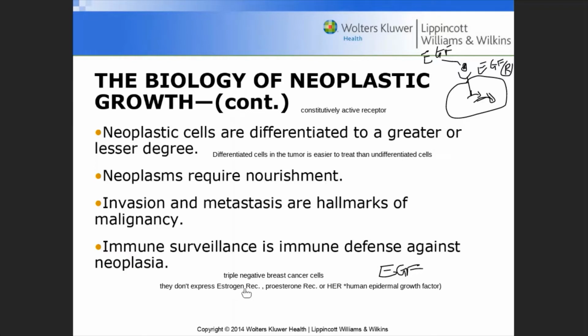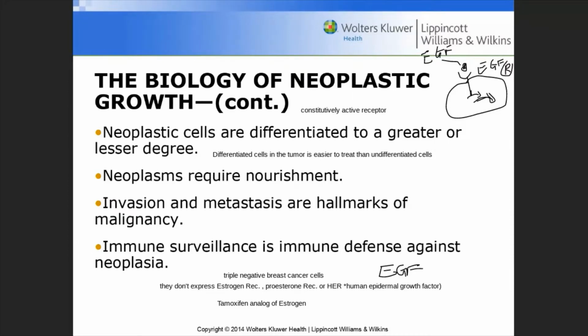If they do, then it's easy to treat because you can give tamoxifen. Tamoxifen is an estrogen analog, and so if the cell produces estrogen receptor, we call it ER positive, right?